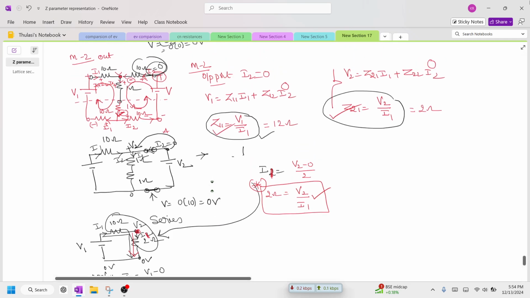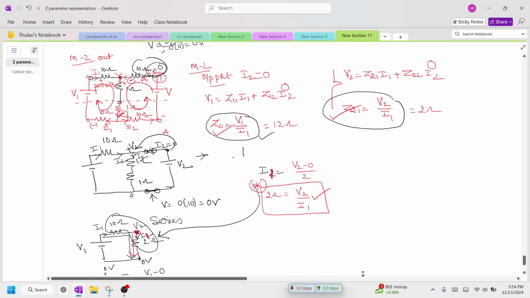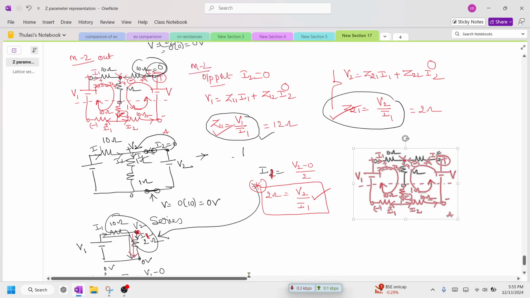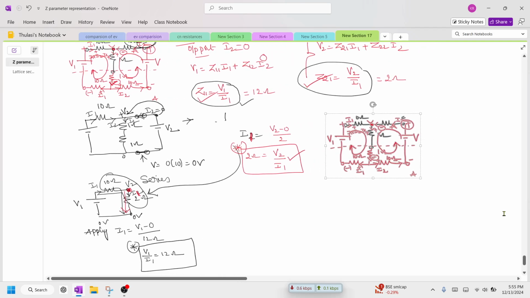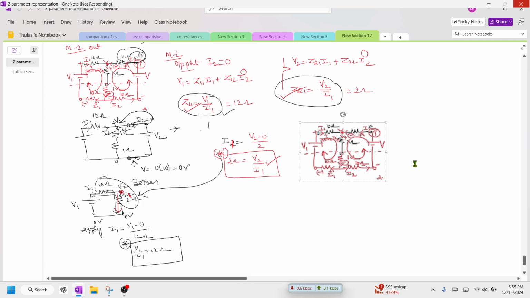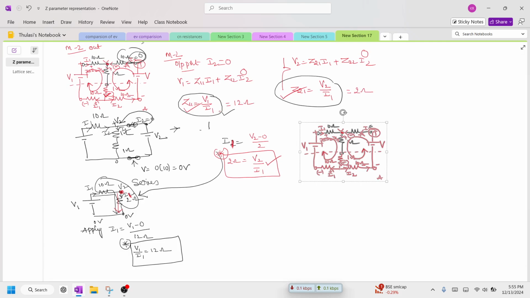So how to find out? Let us see the remaining two parameters also. Now when you see here, we had made the output 0, and again you have to perform input as 0.